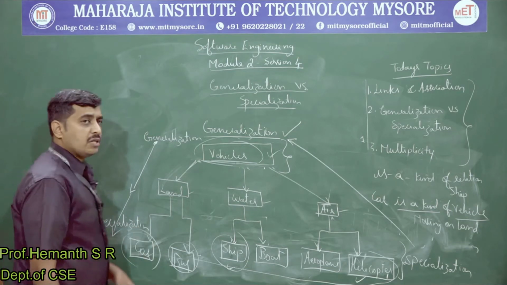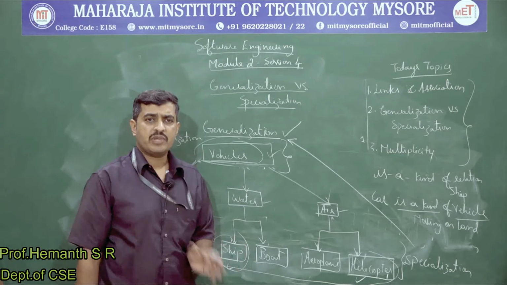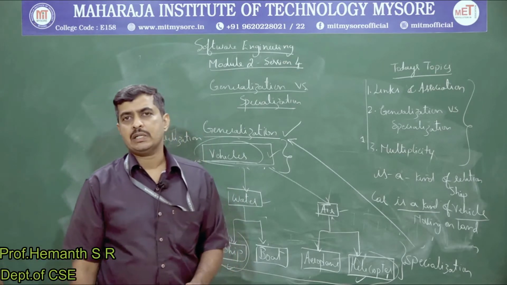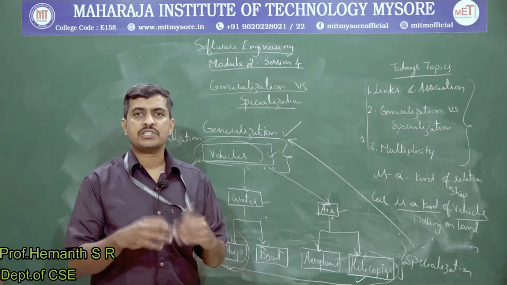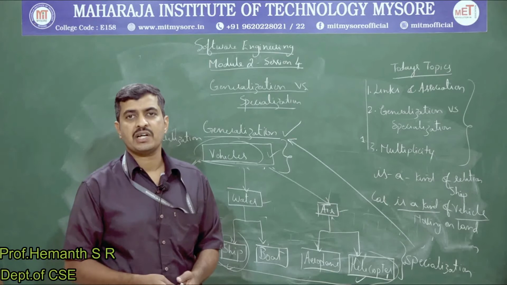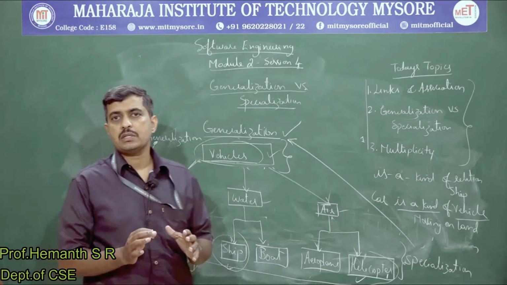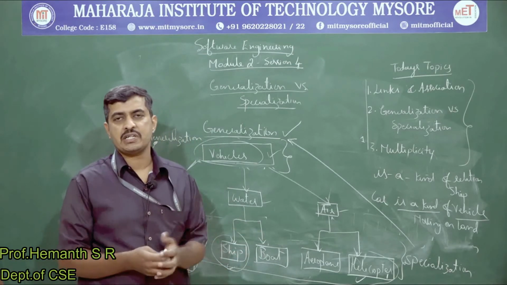So this was all about generalization and specialization. Basically, generalization and specialization is used to either combine subclasses and come out with a more general superclass, which is generalization, or take a superclass and come out with subclasses which are more specialized.